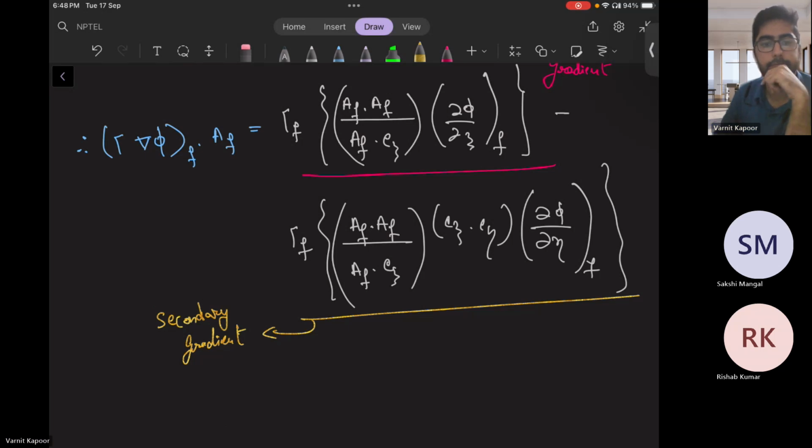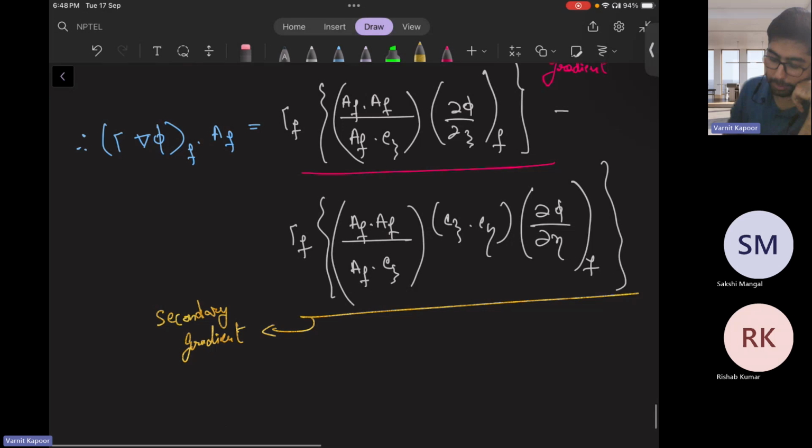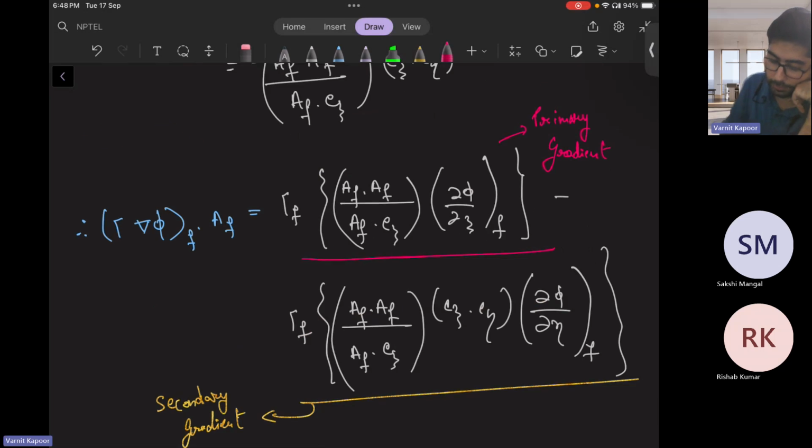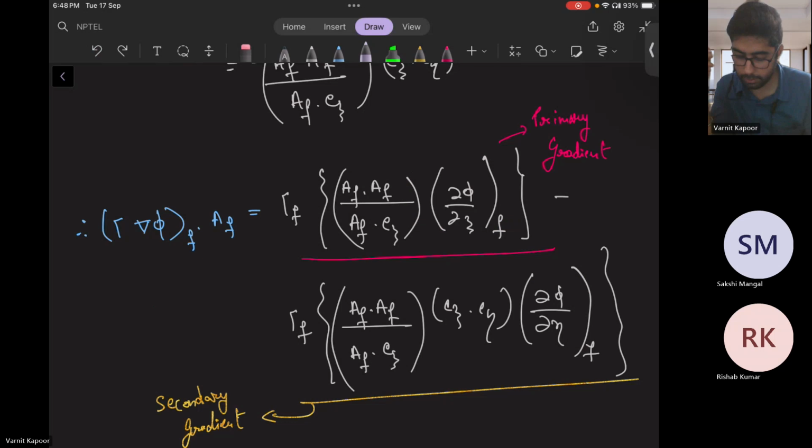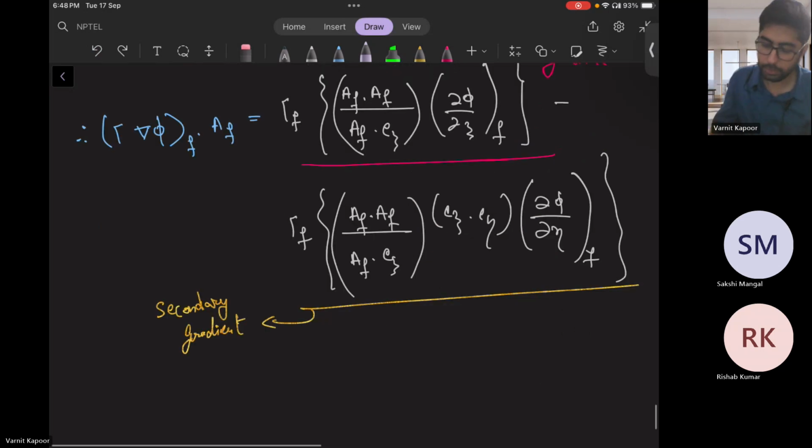Now the question is how you will get dou phi by dou zeta, this term, and dou phi by dou eta. We have not got this so far. Let us think for 2-3 minutes. I'll get back to you guys.